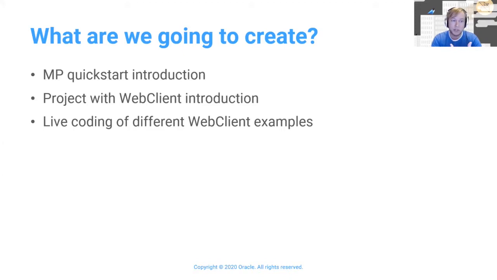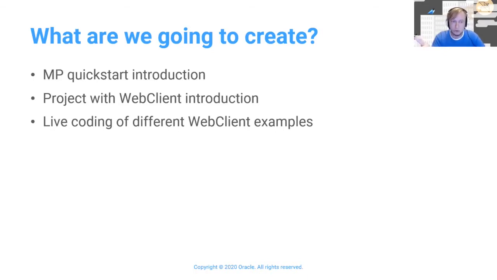The reason why I chose MP instead of SE, when the web client itself is from the SE part, is that most of you will be familiar with JAX-RS resources, and this MP Quick Start contains those. So I have decided to use that for your easier understanding of what we are doing.